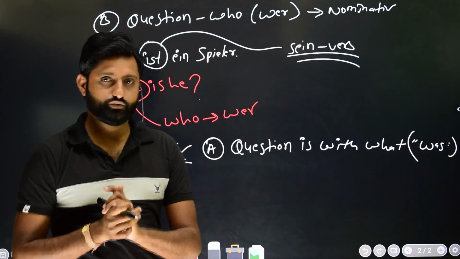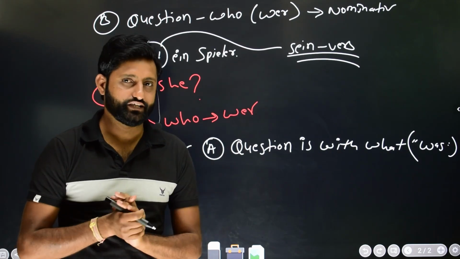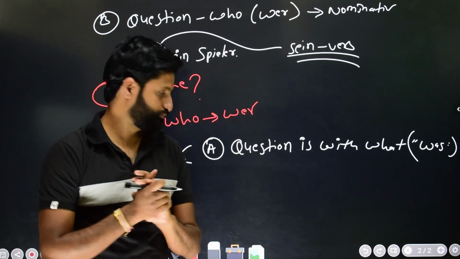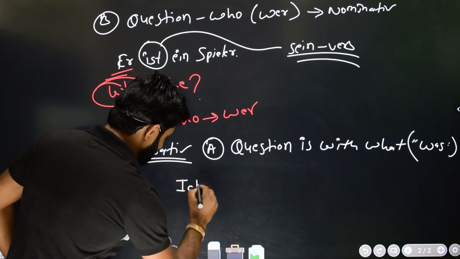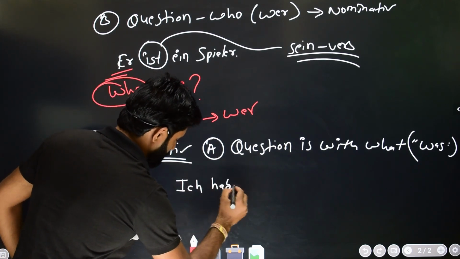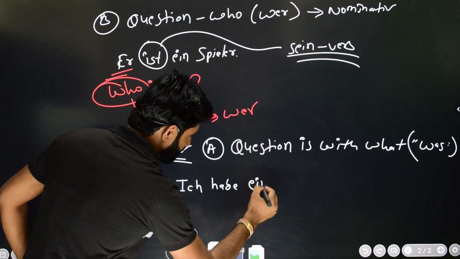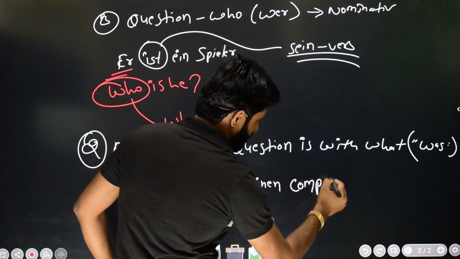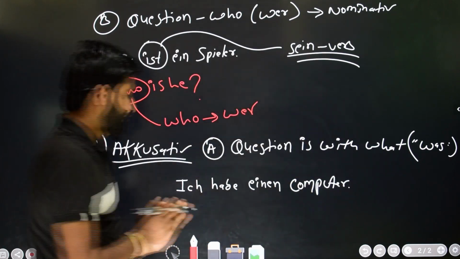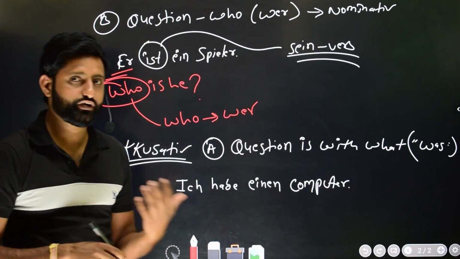If you have a question with what, then that part of the sentence will be accusative. Let me give an example. Ich habe einen Computer. Ich habe einen Computer means I have a computer.